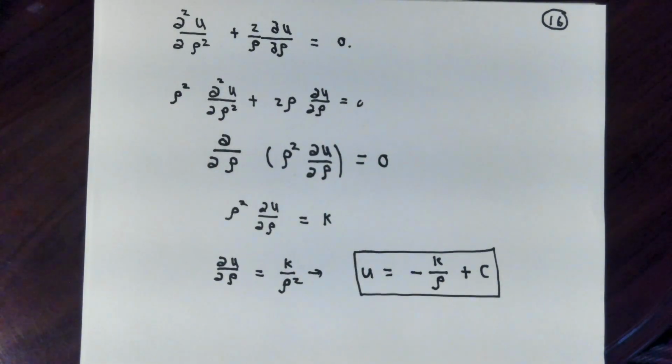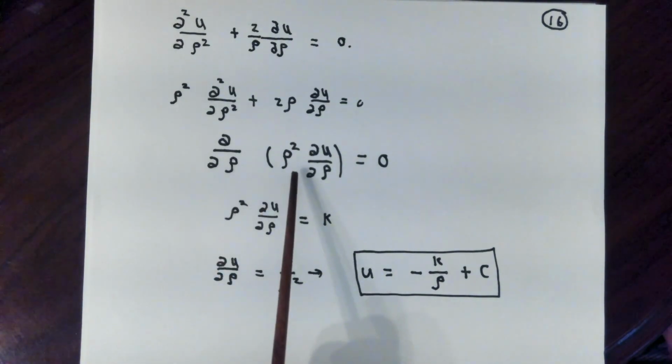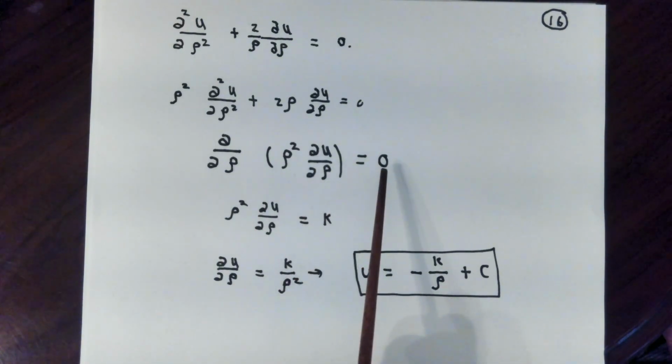If you multiply through by rho squared, you can make the observation that this is equivalent to the derivative. Really, there's only one variable here. The derivative with respect to rho of rho squared times the derivative of u with respect to rho is 0.